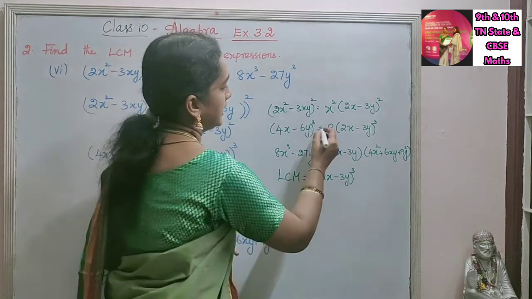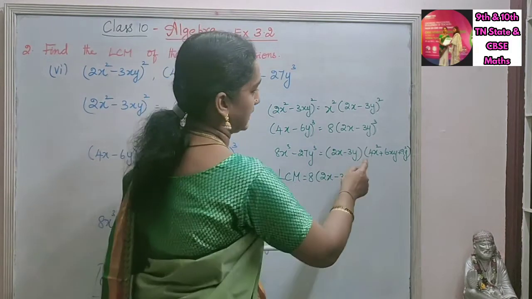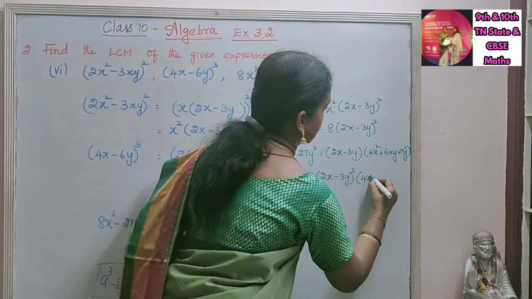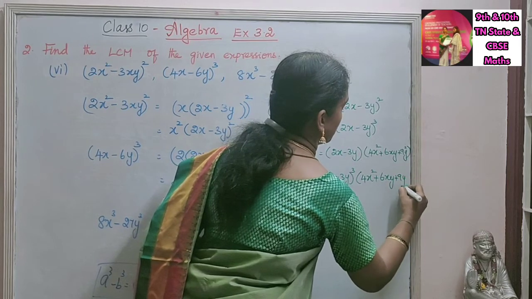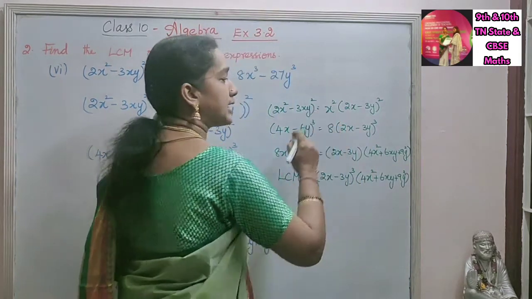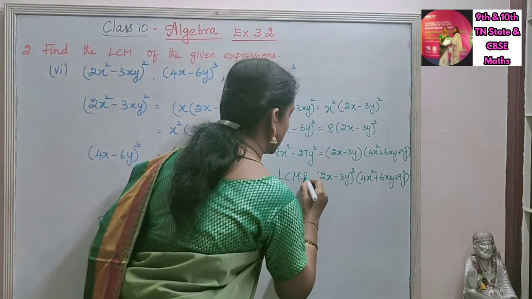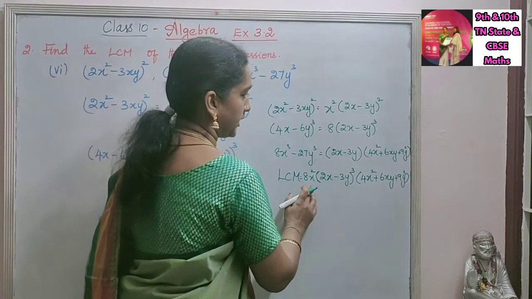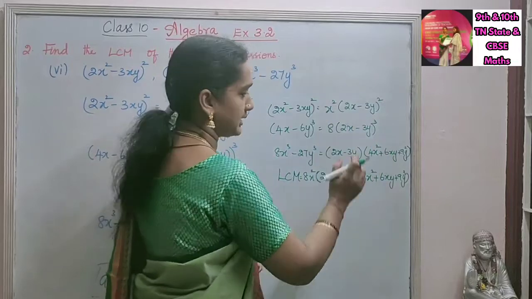Then 8 is a whole number there, so that also will be there for the LCM. Then the remaining will be 4x squared plus 6xy plus 9y squared. And then x squared is also there. So 8x squared into 2x minus 3y the whole cube, that is the highest power.